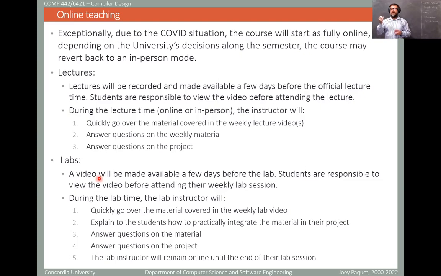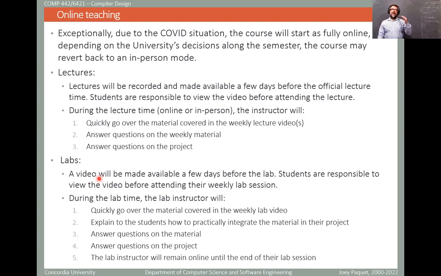Of course, these topics are in sync with the current phase of the compiler that you are implementing. It gives you some technical information as to what you have to do in the current phase for each of the labs.